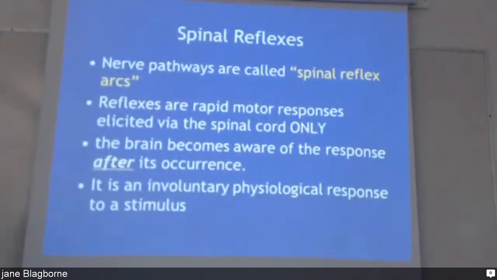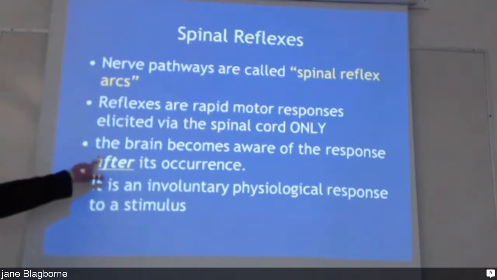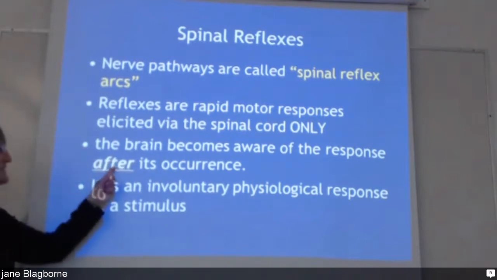Spinal reflexes: the nerve pathways are called spinal reflex arcs. Reflexes are a rapid motor response. They're excited by the spinal cord only, so the brain becomes aware of the response after its occurrence.